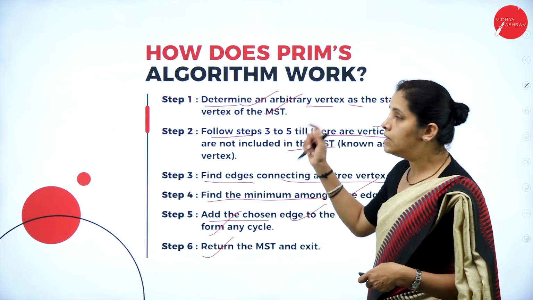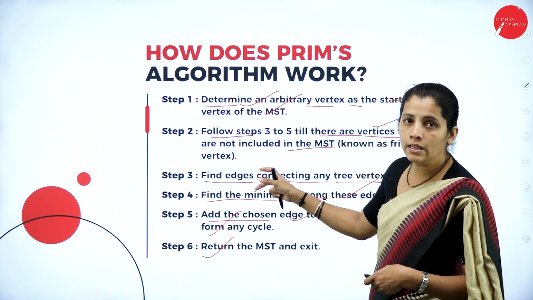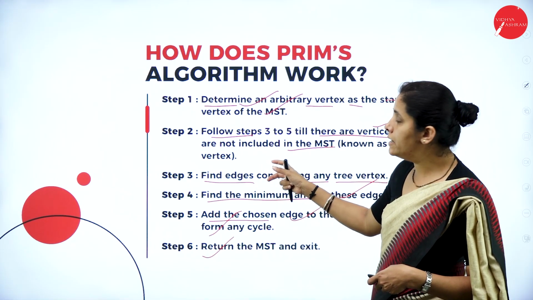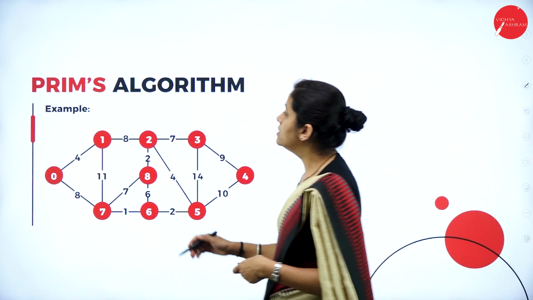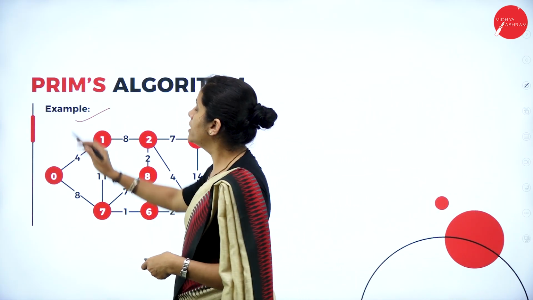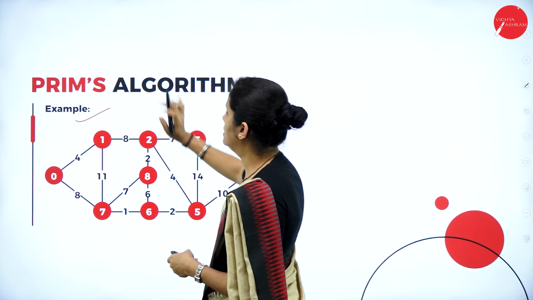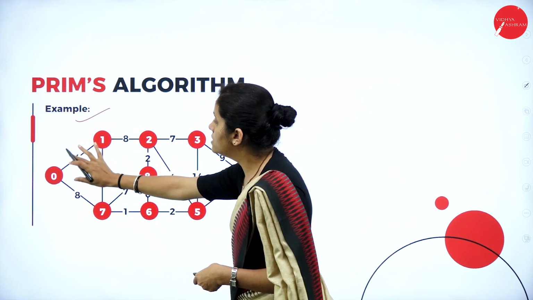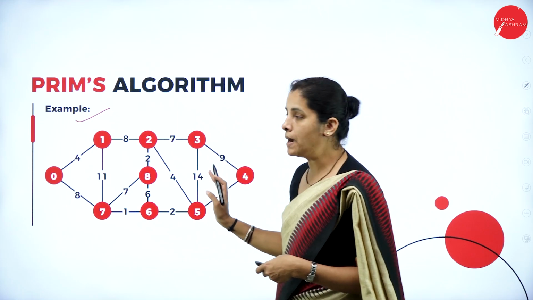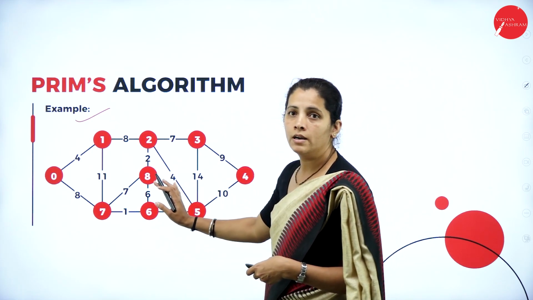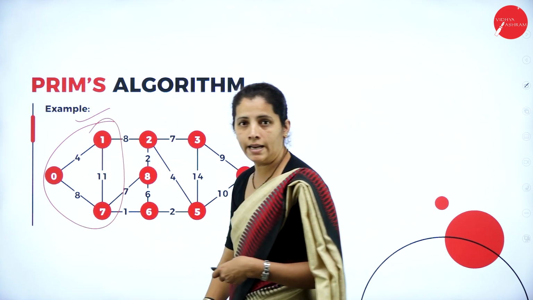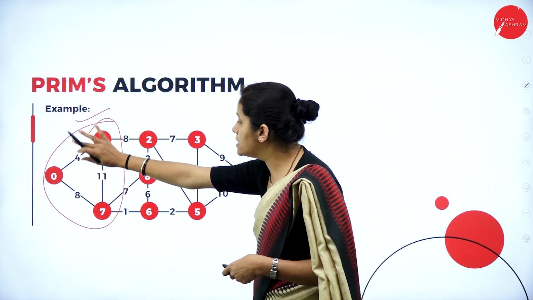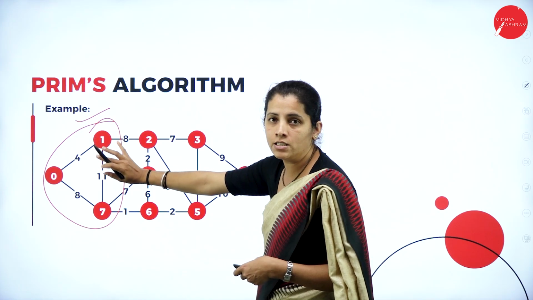Now let me take an example and trace it. See here, this is the example for Prim's algorithm. This is my tree. If I consider this much, it's a cycle, right? All the vertices are connected to each other.